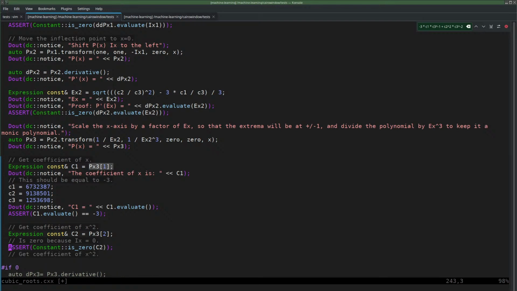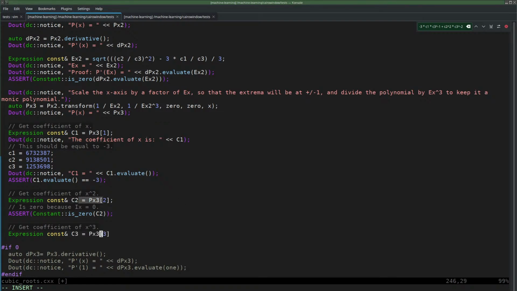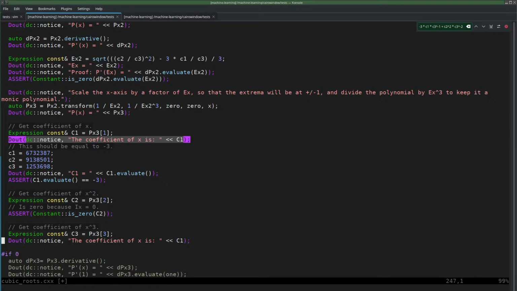So constant is 0, C2. And then let's get the coefficient of x to the power 3, which obviously is 3 equals number 3. And yeah, that should actually be equal to 1. Although I don't think that one got simplified correctly either.